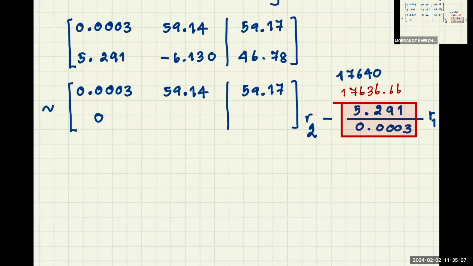Okay. Show only 4 digit that has the significant that can show the number. Okay. 17640 or 0.1764 times 10 to the 4th. Okay. So if I write it this way, okay, I'll just write it this way.